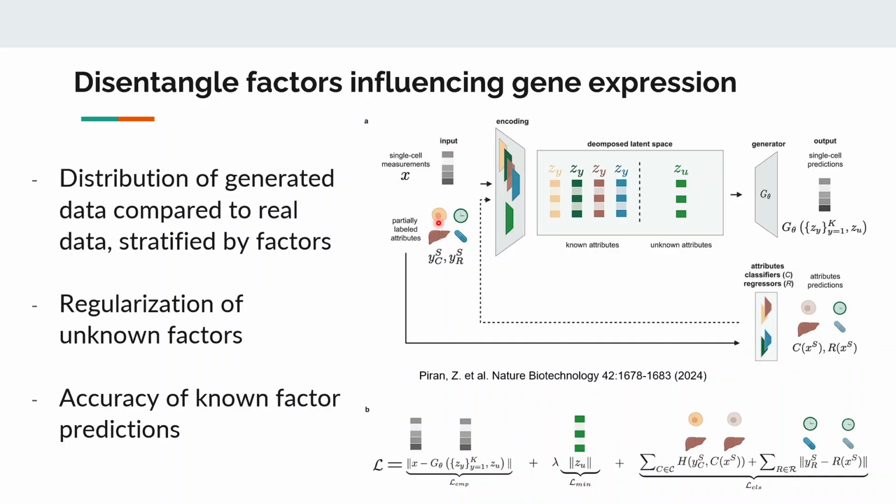So people try to use the technique that we just saw. The model is a generative model. It's going to take as input the single cell omics data. But at the same time, the model is going to try to predict the state of individual cells: which cell type, which treatment condition, which time point, and then use this prediction back in the model together with the data to determine both known attributes and unknown attributes. These are some factors that we are not even aware of.